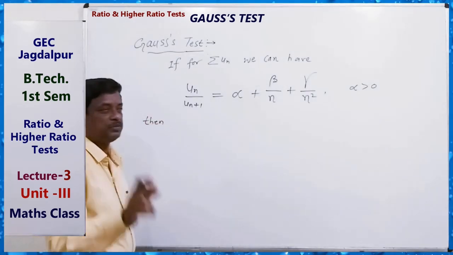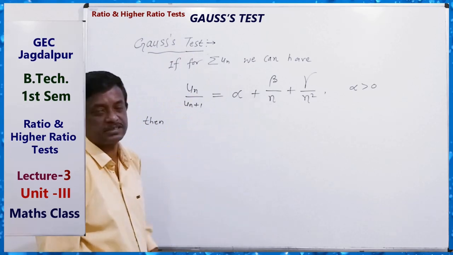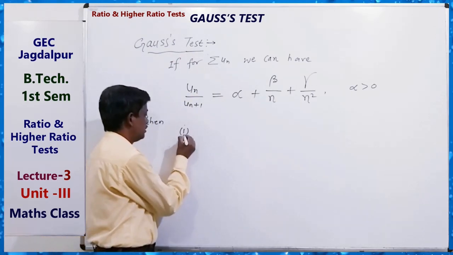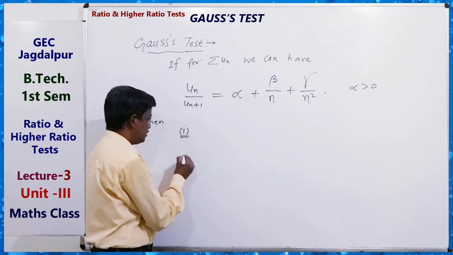the statement of this test, the Gauss test, has a first decision and a second decision.